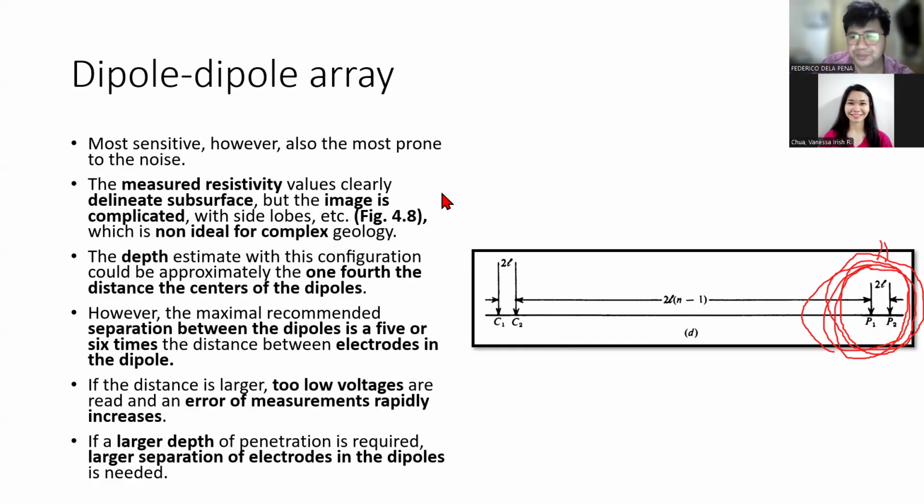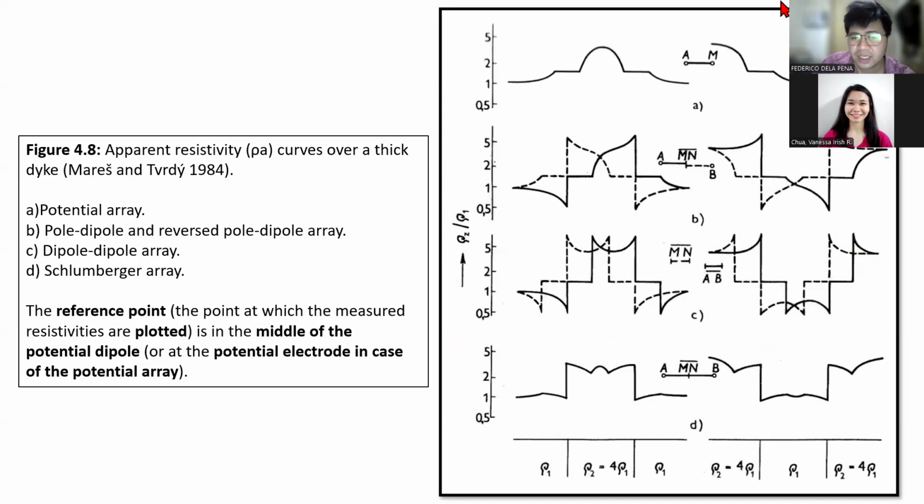Okay, so you can see here the different patterns created by different arrays, right? So if you have here a highly resistive body in the middle and low resistivity bodies on either side, the Wenner array will simply have the simplest image here.